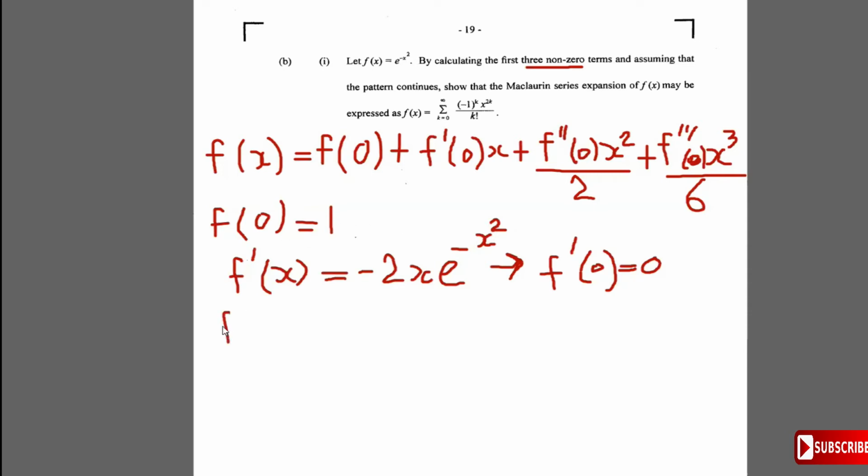So now I need to find f double prime of x. To find f double prime of x, I'm going to have to use the product rule and differentiate this as a product.